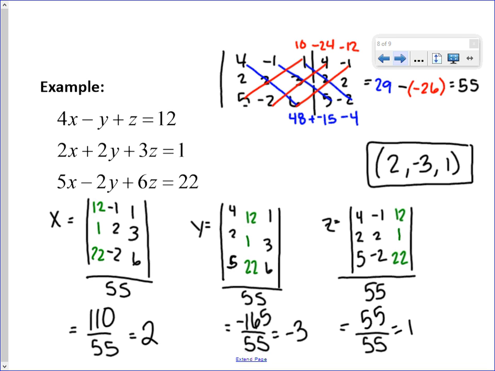I think earlier in the test, and I'll double check this before the end of the period, there's another system you have to solve, but its directions will let you choose augmented or matrix equation, because you've already done a problem set and a quiz, and I've already seen that you could do both of those. So you get the choice: do I want to do the row operations and back substitute on no calculator, or do I want to find the inverse and multiply by constants? Okay, so just be aware of that.